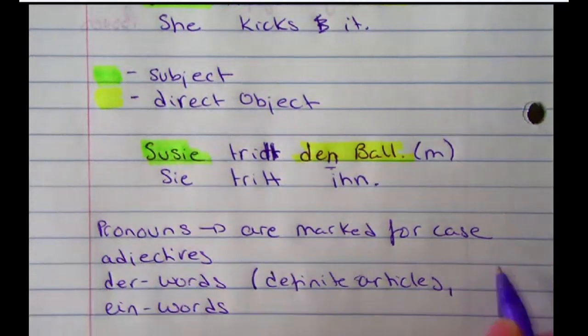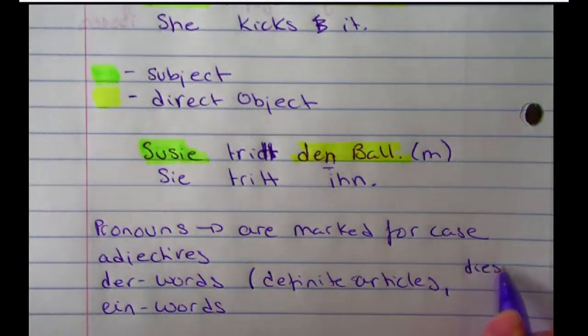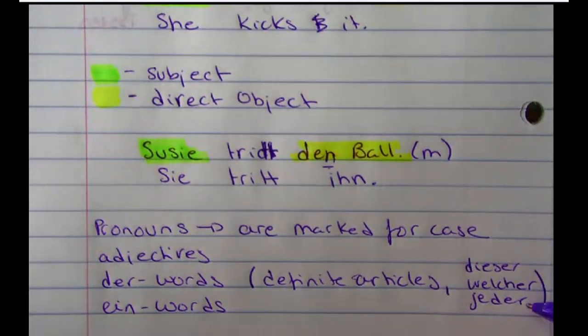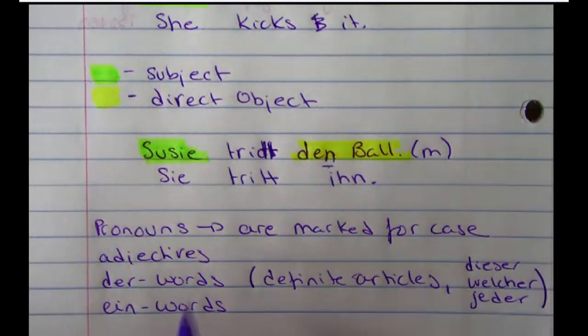But we also have some other ones, and those are dieser, welcher, und jeder. So those are three additional examples. So dieser means this, welcher means which, and jeder means every. So those also qualify as der words.